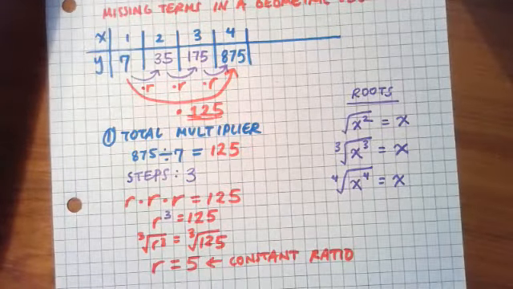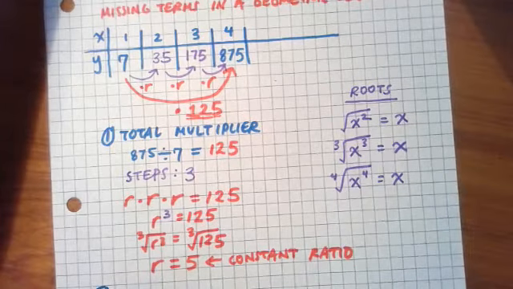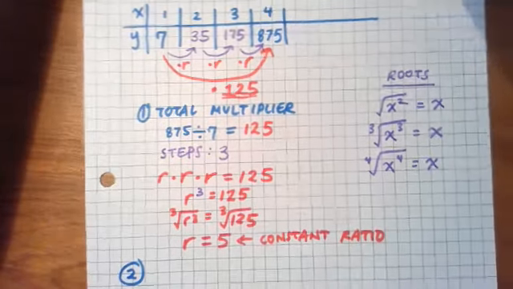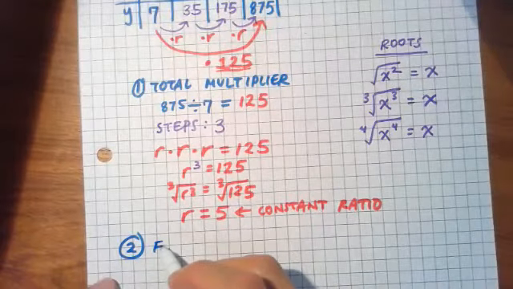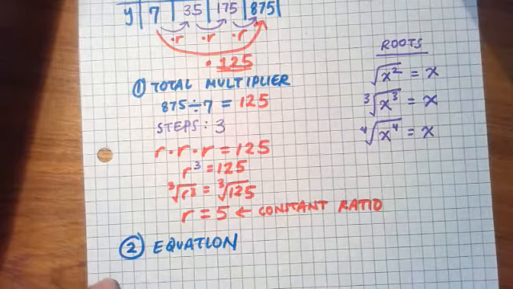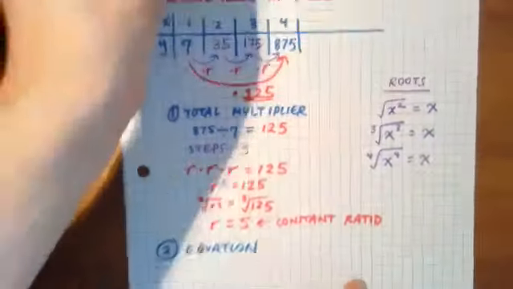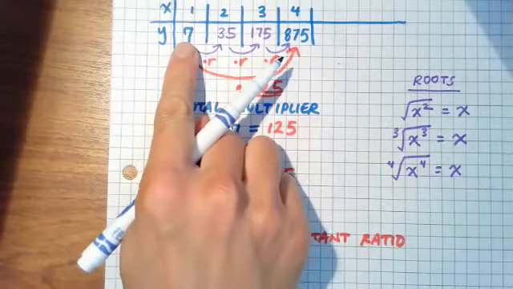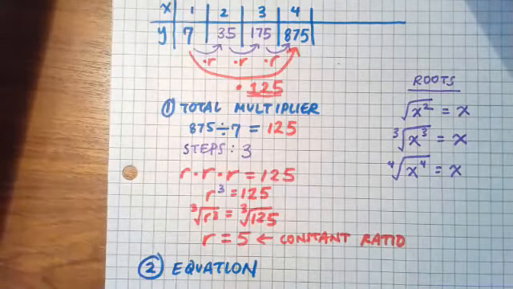Okay. The other method that you can use to solve a problem like this is to set up an equation. For this equation, I'm starting with 7.